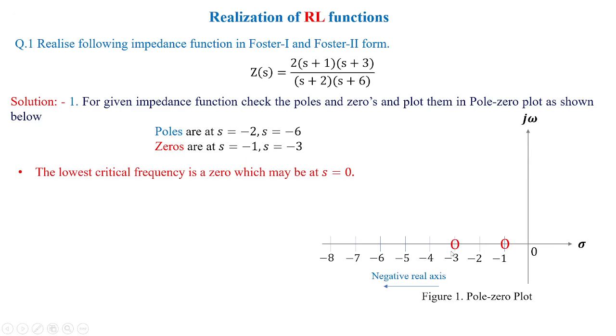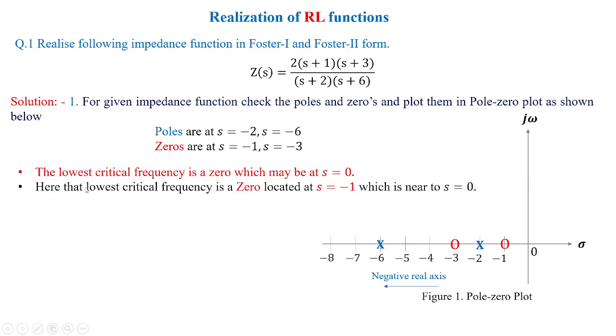So this is how we plot the zeros on the pole-zero plot. Now -2 is the pole at s equal to -2, which is on the real axis, and -6 over here, that is also on the negative real axis. So this is the pole-zero plot diagram for the given impedance function.